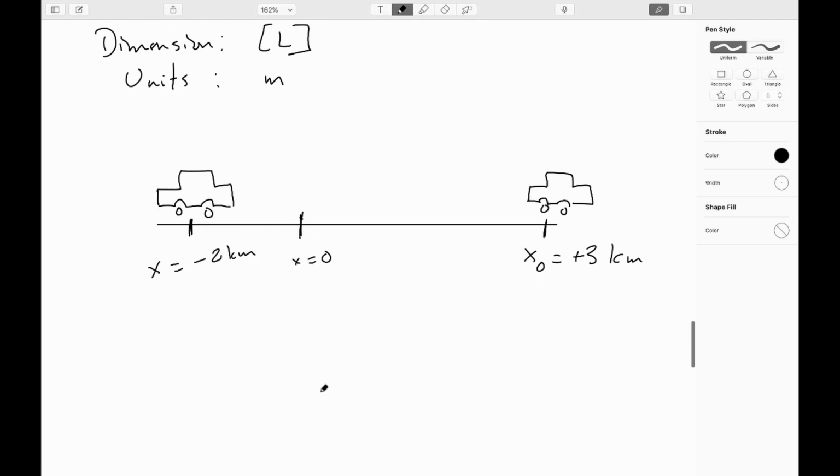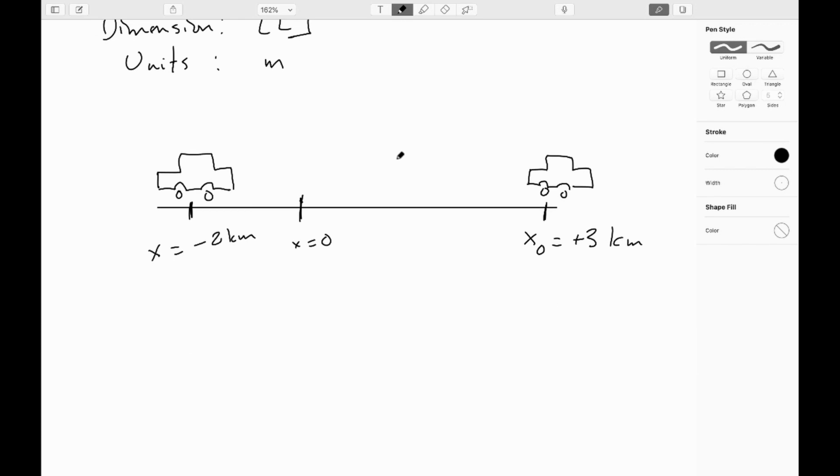Okay, what we'd like to know is what is the displacement of my car. Okay, well, we can go to our definition. We can say that the displacement is the final position minus the initial position. Now, when we substitute in values, you've got to be super duper careful here to keep track of the signs. So you're not free to just drop the signs, you got to keep them. So when we put in here, my final position is -2 kilometers, and I have to keep that.